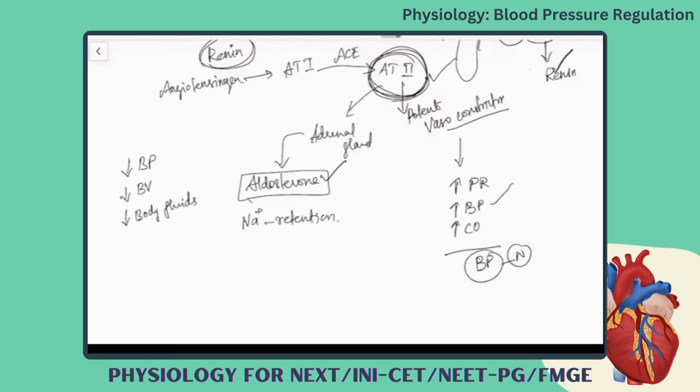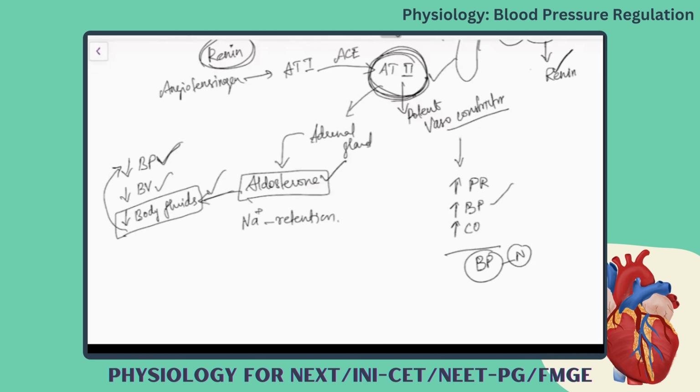If you rectify the decrease of body fluids, is there a chance to rectify this decrease of blood pressure? Yes or no? So if you normalize the body fluids, it will increase the blood volume and it will automatically increase the blood pressure. So this aldosterone is going to correct this body fluid level.